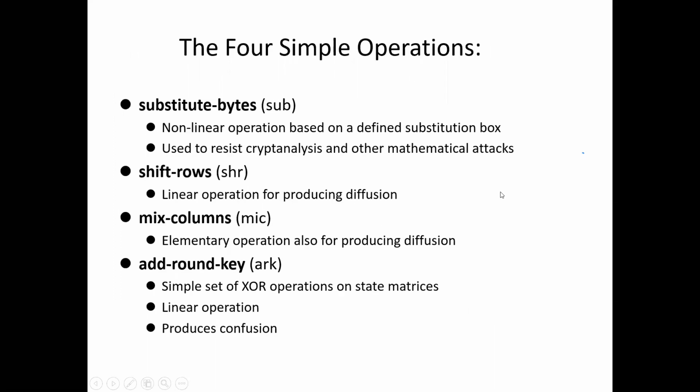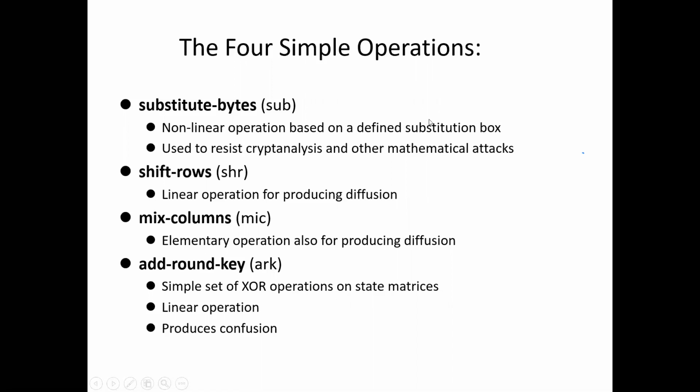Okay, so these 4 simple operations are the following. Substitute bytes, we call it SUB. Shift rows, called SHR. Mix columns, MIC, and add round keys, ARK. Sub, shift, mix, and ARK. Substitute bytes is a nonlinear operation based on a defined substitution box.